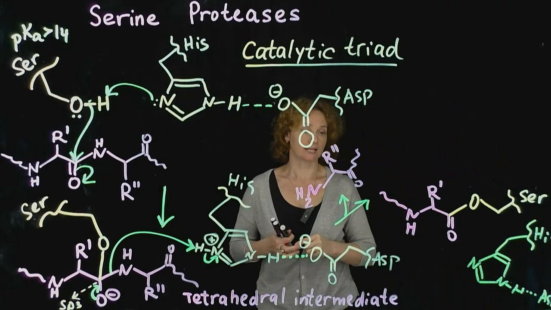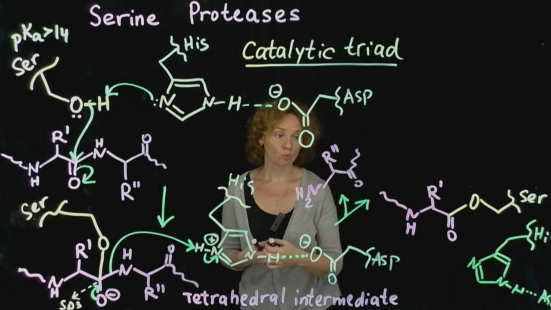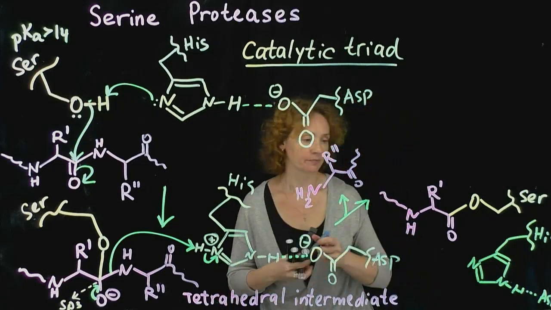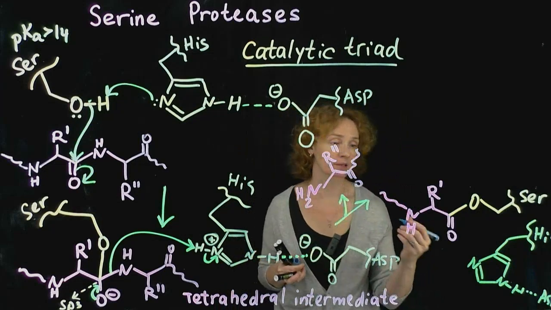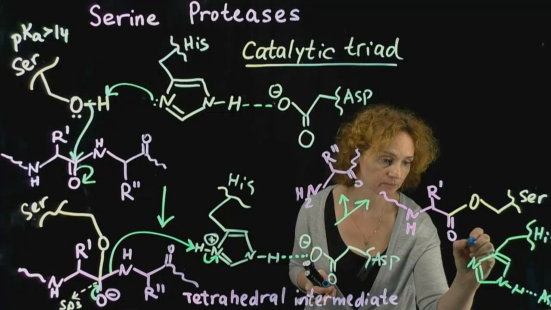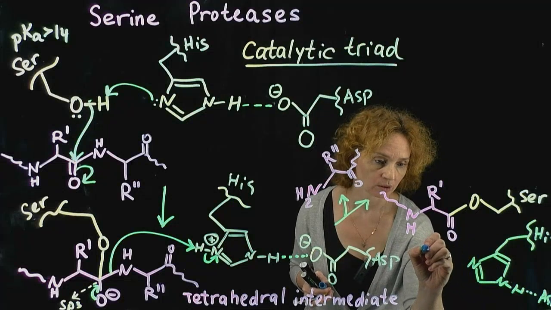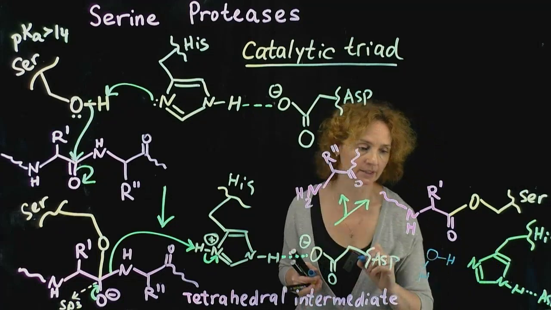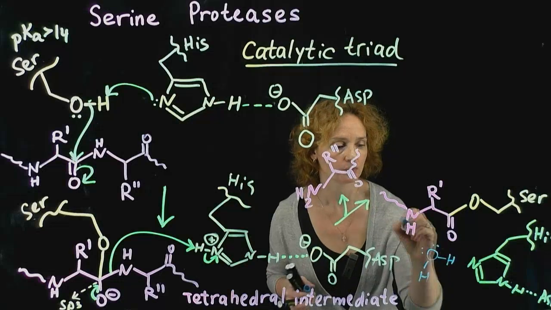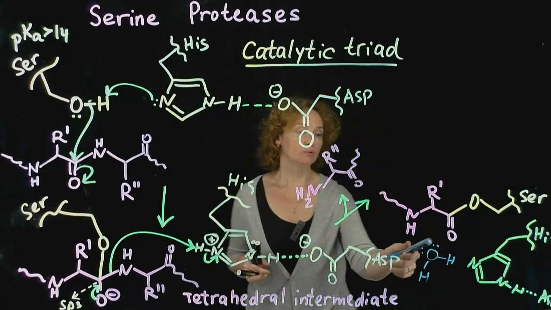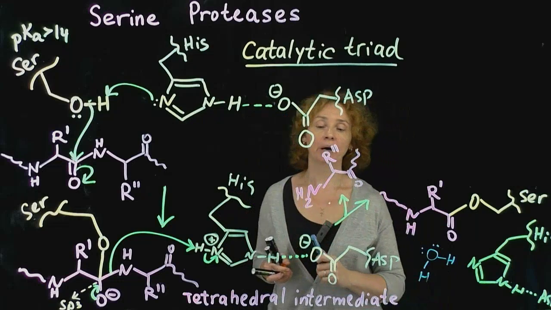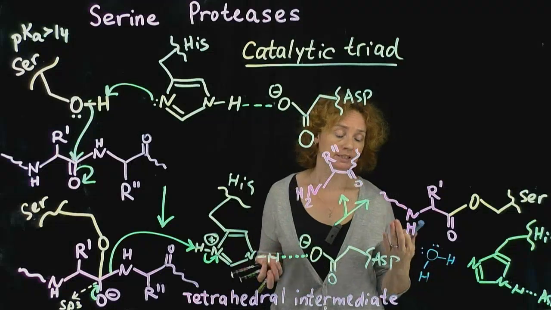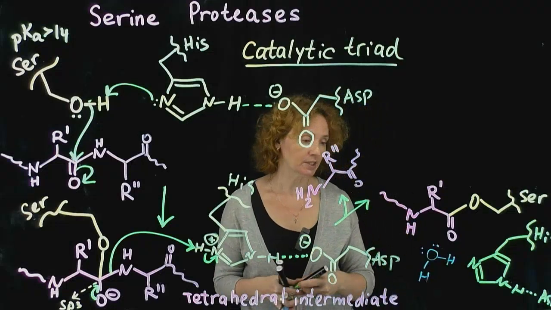So what happens next? Next, here we have water that binds in the active site as our second substrate. So water is right here. These are lone pairs. And of course, it can serve as a nucleophile, but the nucleophilicity of water will be increased significantly if it is deprotonated.